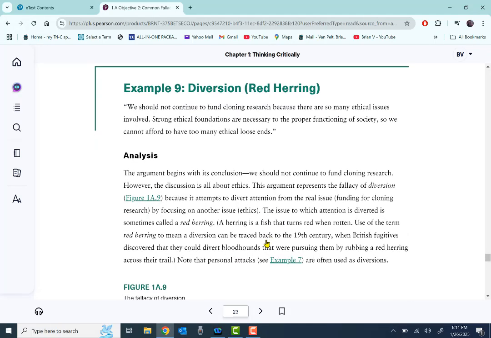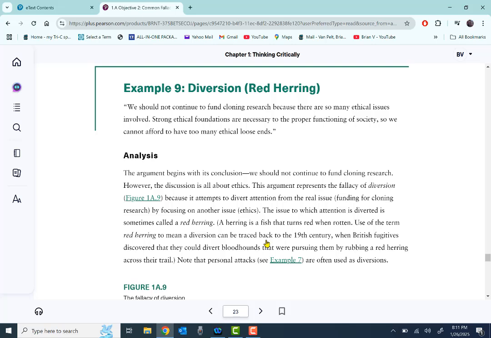Example 9, diversion, red herring. Red herrings are things that are not important to the plot. They're thrown there to throw you off. Here's their example. We should not continue to fund cloning research because there are so many ethical issues involved.